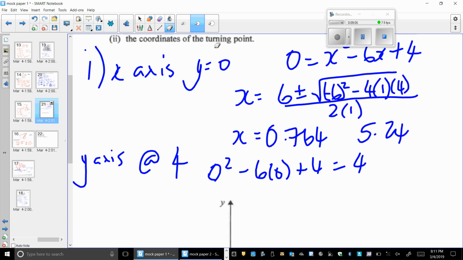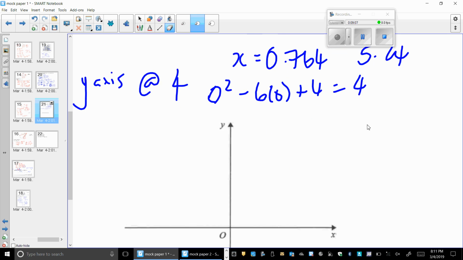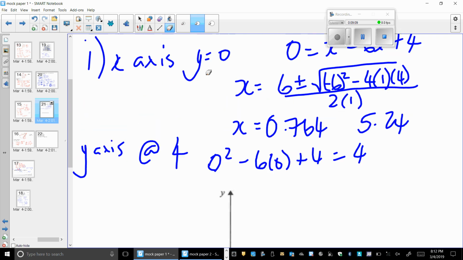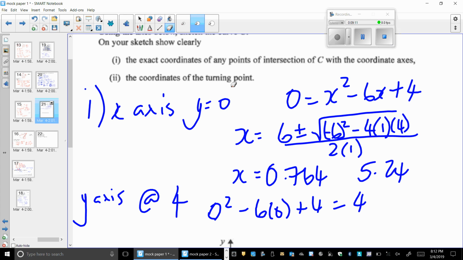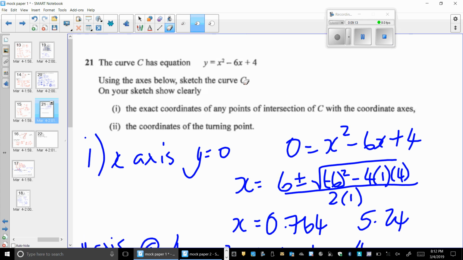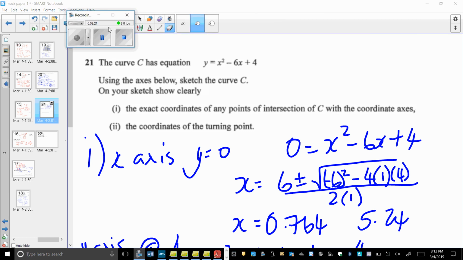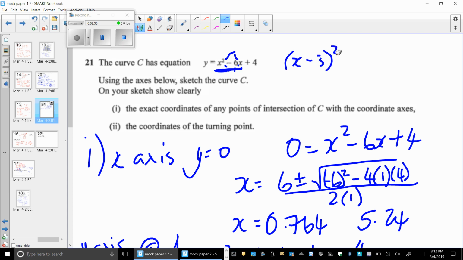Turning points. The easiest way to find a turning point is to complete the square. Let's see if we remember that method. So we focus on these two. Halve this number, so we change this to be x minus 3 all squared.